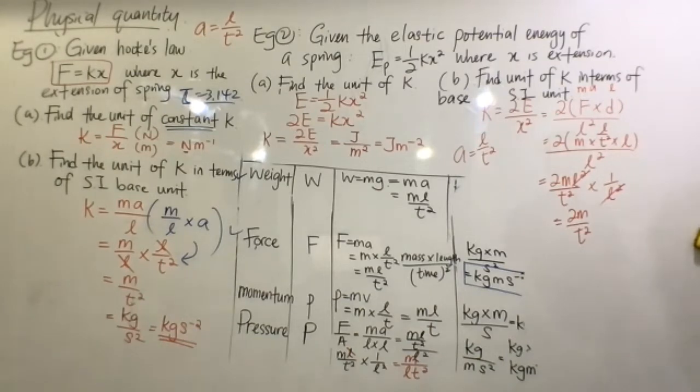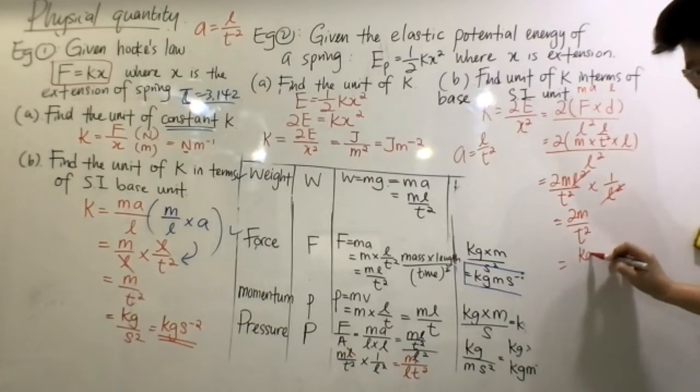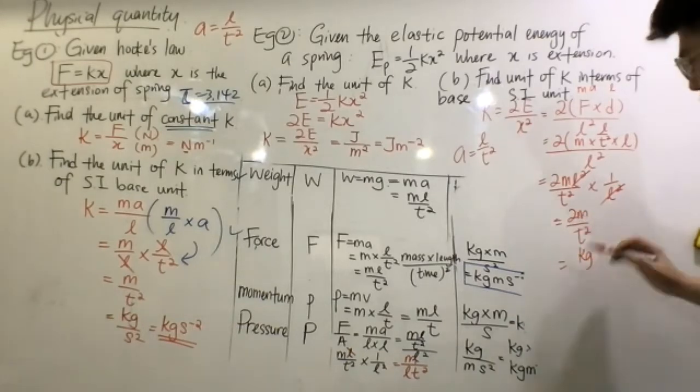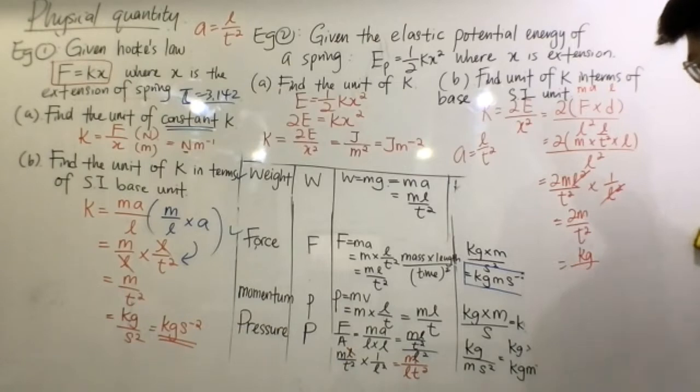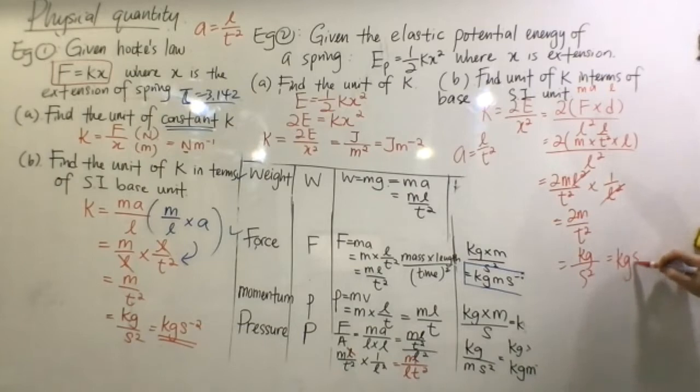Two M over T squared. Two M, kg, right? So 2 times kg is still kg. So kg over second squared. kg s minus 2. This is my answer.